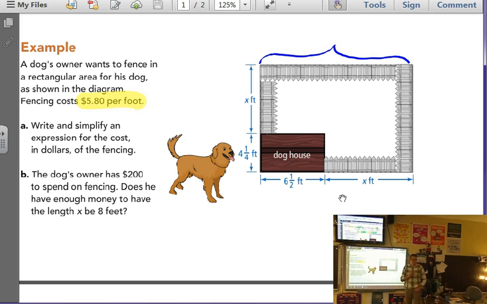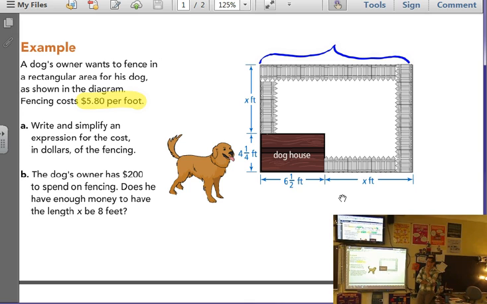If I ask you the entire length, Jaslyn, what do you think? We know how long the doghouse is, but what if I ask you for the entire length of the fence? So, could you make an expression to represent the length of the fence?